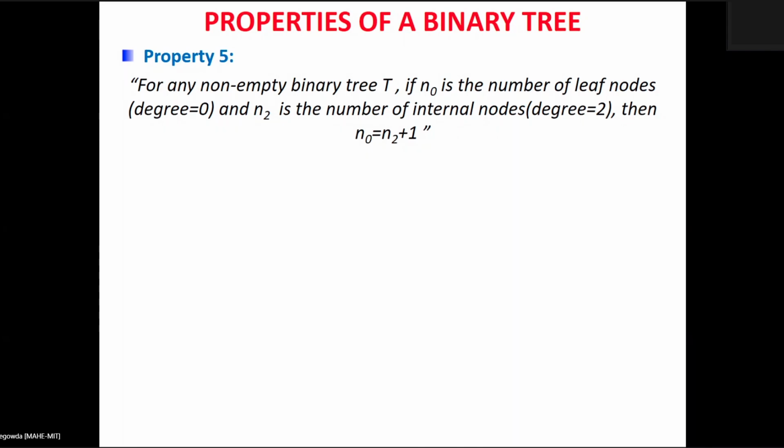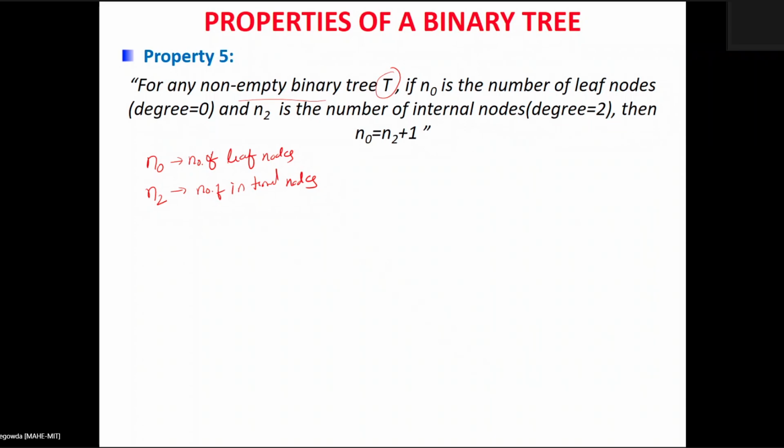For any non-empty binary tree T, here T means that we name the given tree T. If n0 is the number of leaf nodes, and n2 is the number of internal nodes with degree 2.